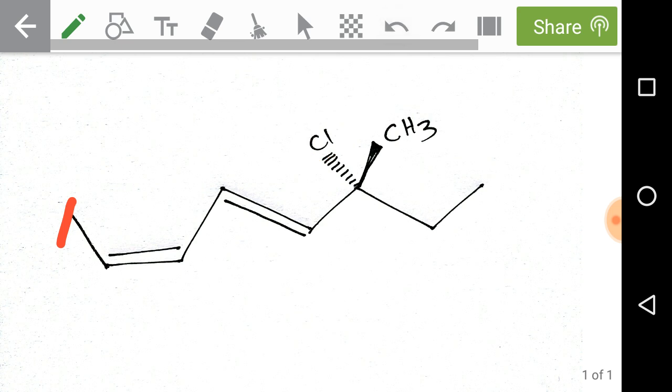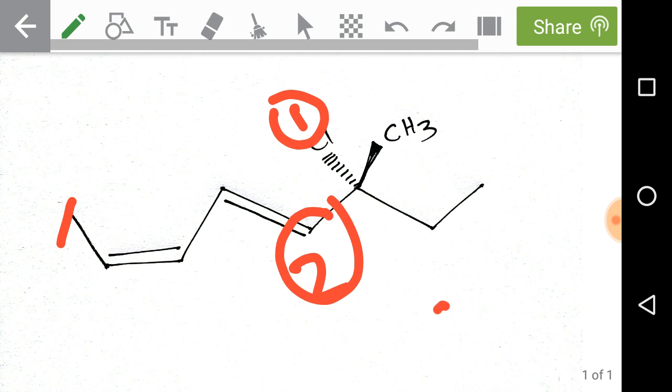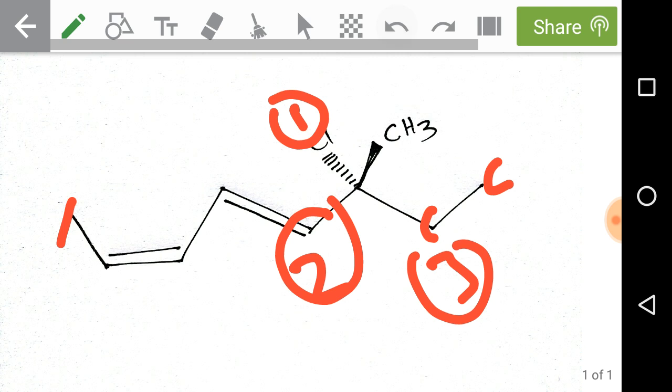So number one is given to chlorine. Second priority goes to this carbon because here we consider 2 carbons. Next priority goes to this carbon, because it is connected to another carbon with 2 hydrogens, but here the carbon is connected directly to 3 hydrogens only. So 4th for that.